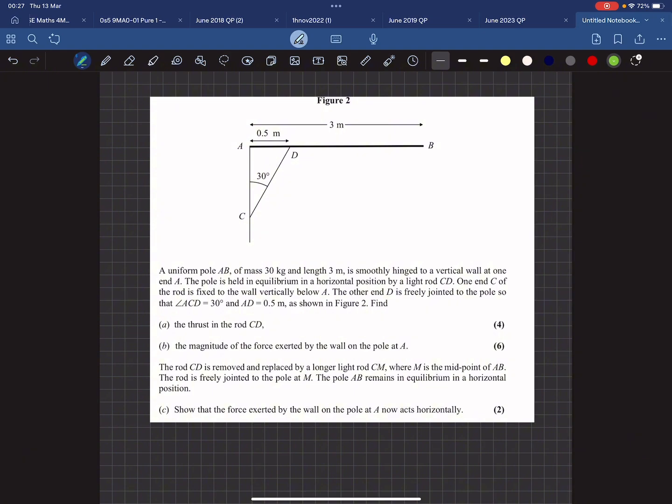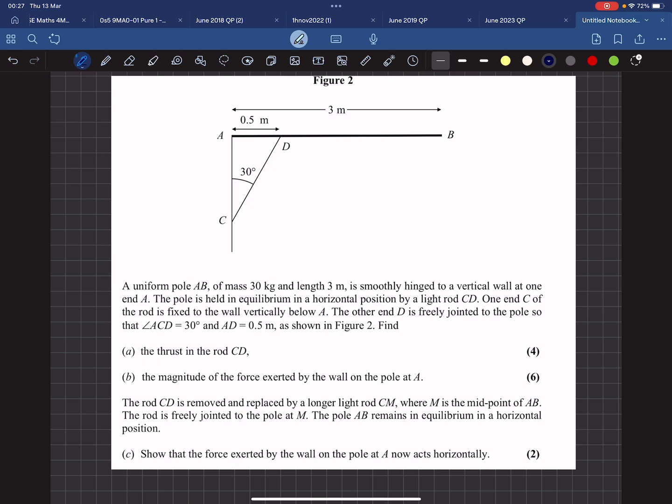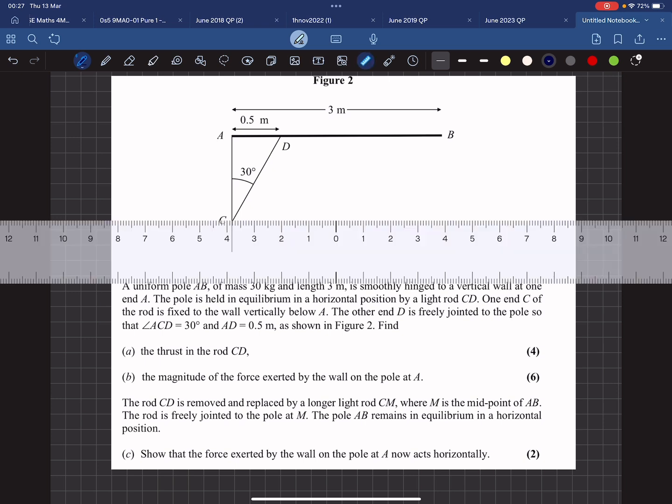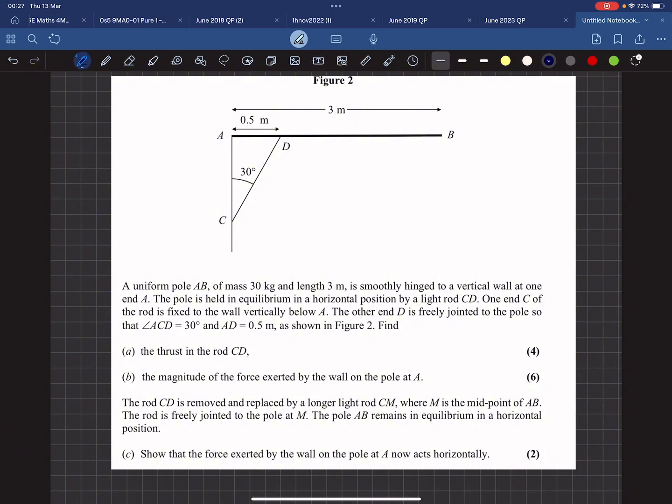This is another static rigid body question where here it's like a shelf floating up there. So in this question, they said a uniform pole AB of mass 30 kilogram. So this is mass.